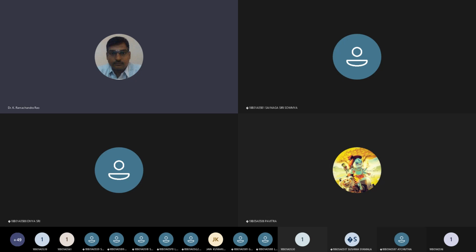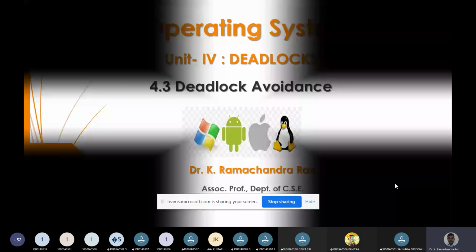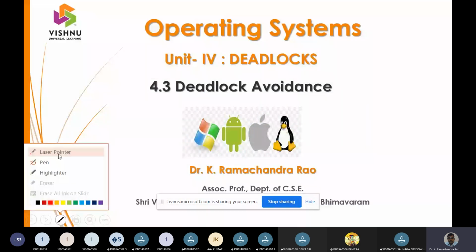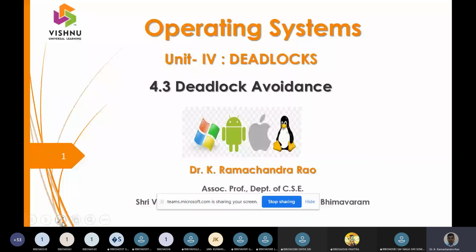Those we are going to discuss right now. For that we have deadlock avoidance. After the four characteristics which were discussed, now we have deadlock avoidance.